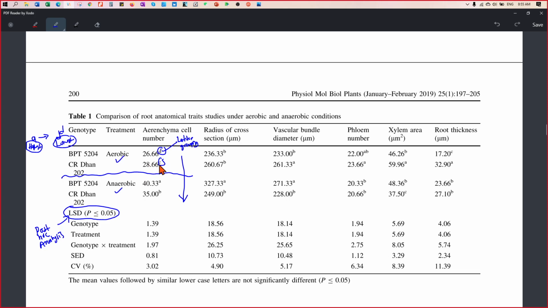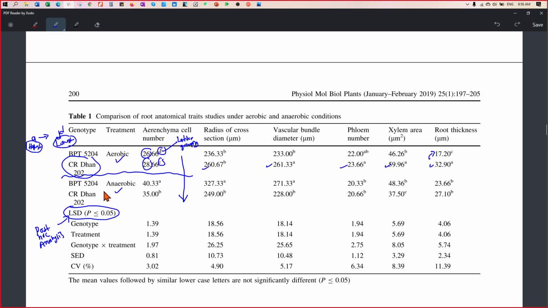So it's consistently higher. See, this is on 26. It's consistently higher, consistently higher when compared to the BPT variety when it's grown under aerobic. Clearly, this CRDHAN has been adapted to aerobic condition.